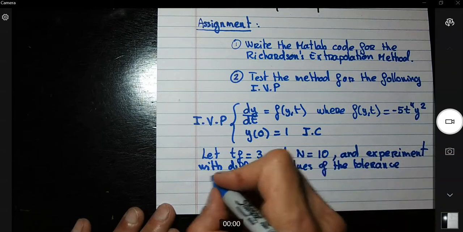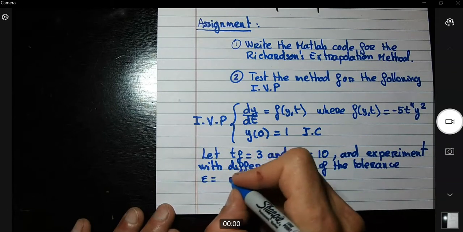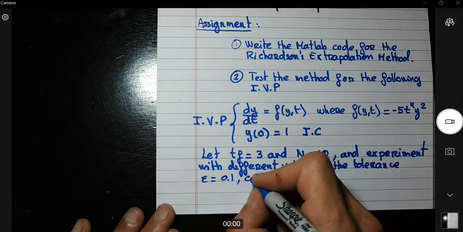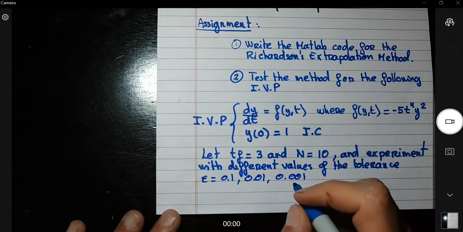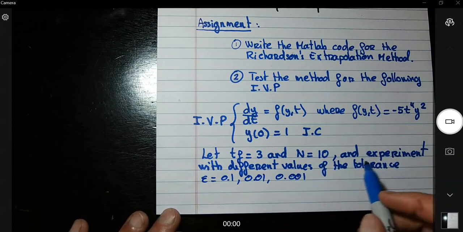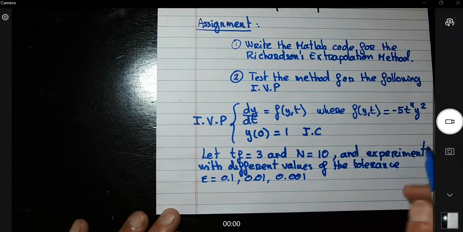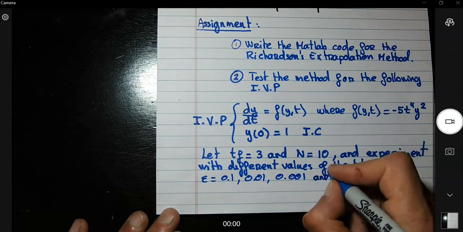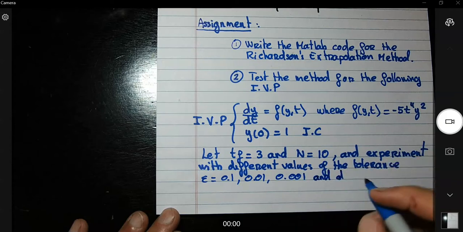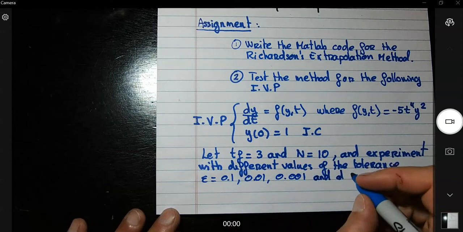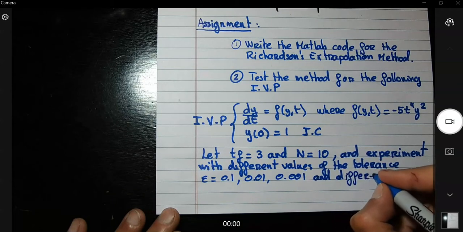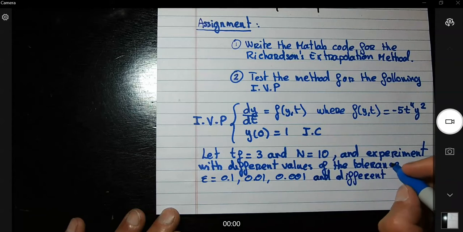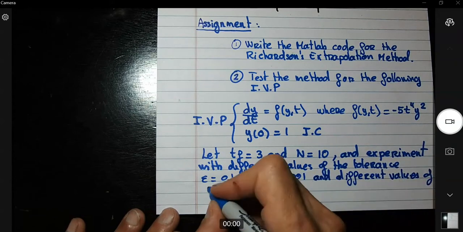So let's say I'm going to put this equal to 0.1, 0.01, and 0.001. So experiment with different values of the tolerance, and different values of n.